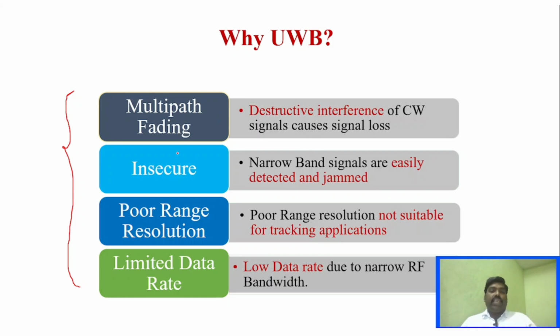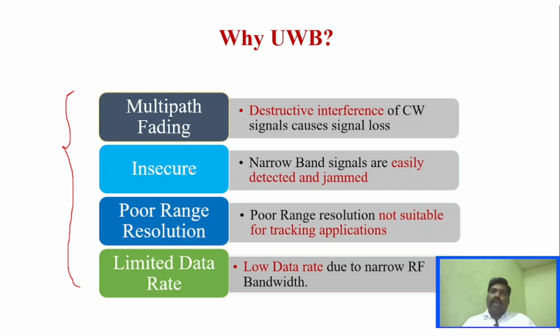And narrowband is insecure. Narrowband can be easily detected, but UWB removes that insecurity because it cannot be easily detected or jammed by any particular devices, right? And in narrowband, it has poor range resolution, but here in UWB you have a wide range of bandwidth, right? Wide range of frequency.